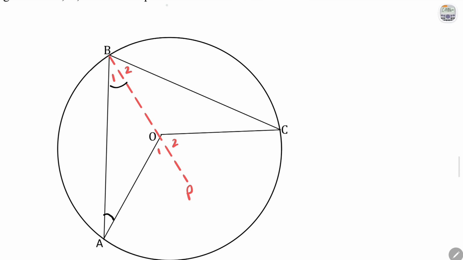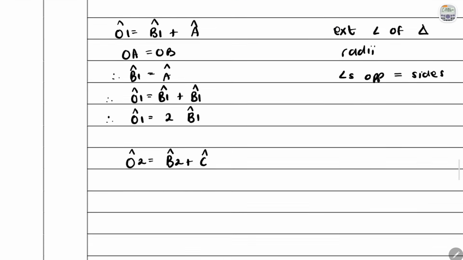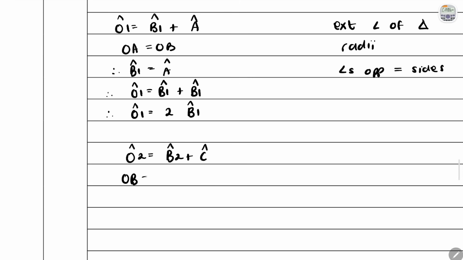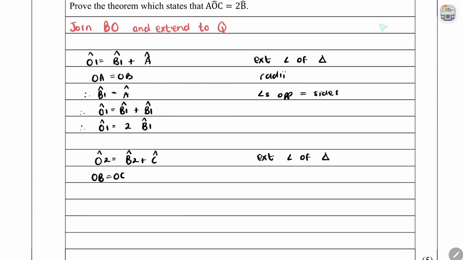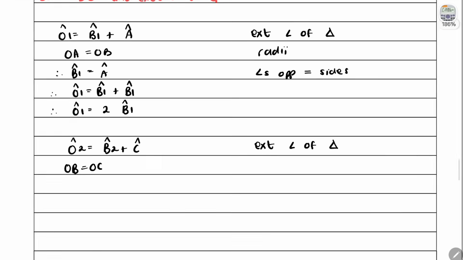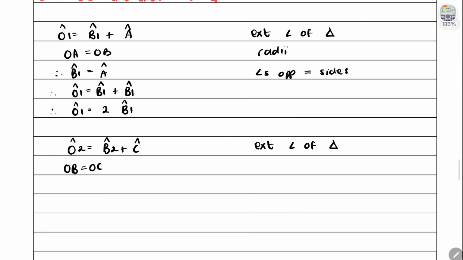Now the same situation is going on here. Do you see how OC is a radius and OB is also a radius? So OB is equal to OC. Tell them OB equals OC. Also, don't leave the reasons out here. Okay, so the reason for angle O2's equation is because of the exterior angle of a triangle, and OB is equal to OC because these are equal radii.